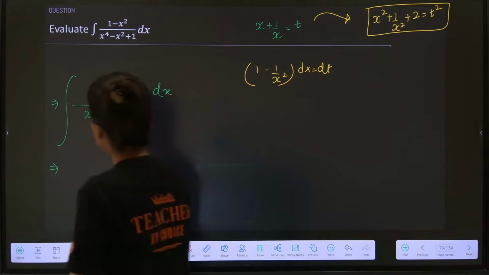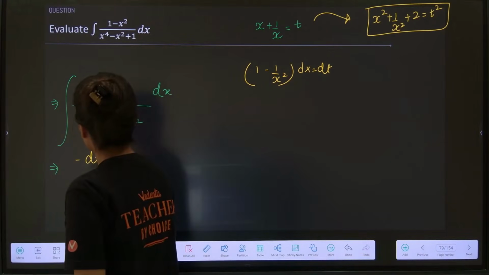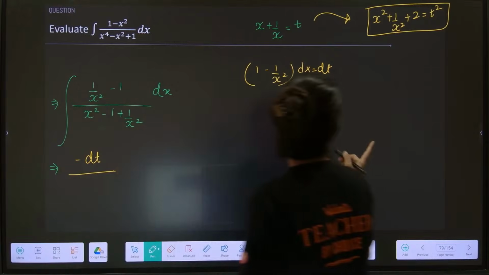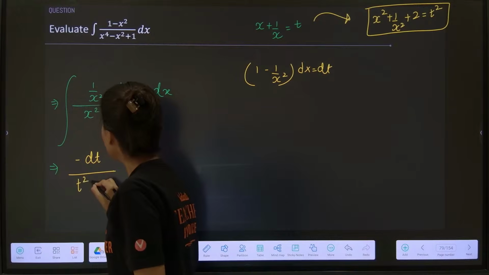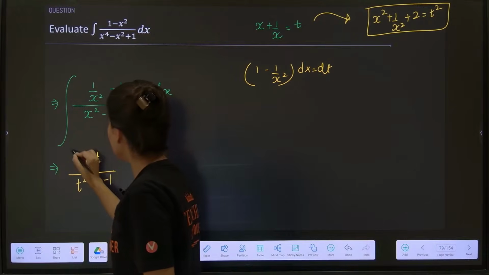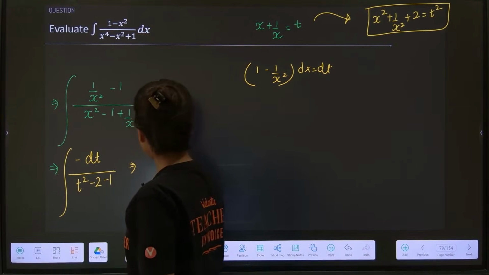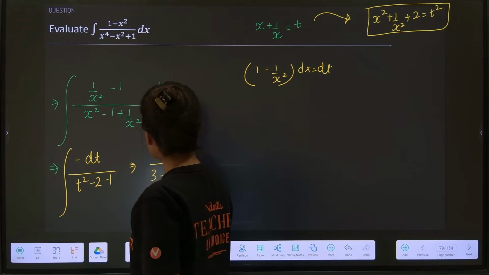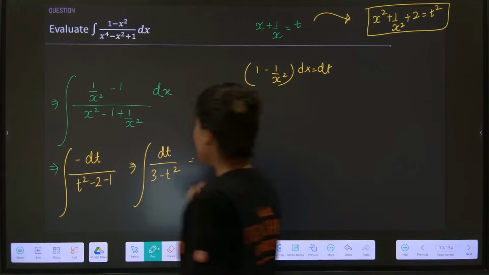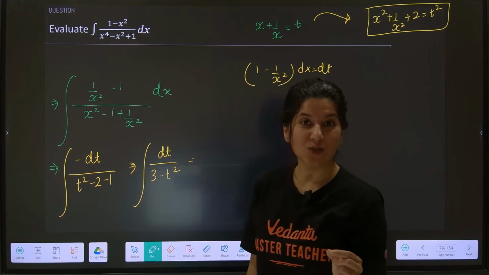Minus dt upon x square plus 1 by x square is t square minus 2. So t square minus 2 minus 1. Now do you remember this? dt upon, this is what? 3 minus t square. Remember a square minus x square wala thing.